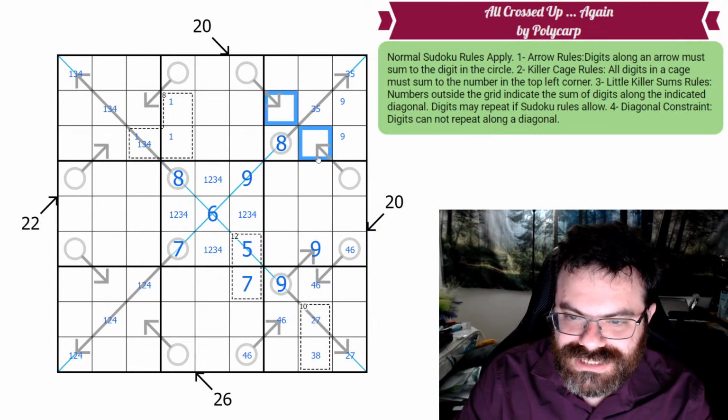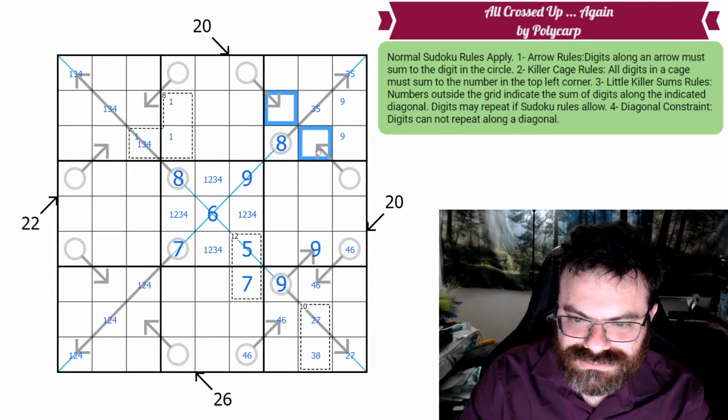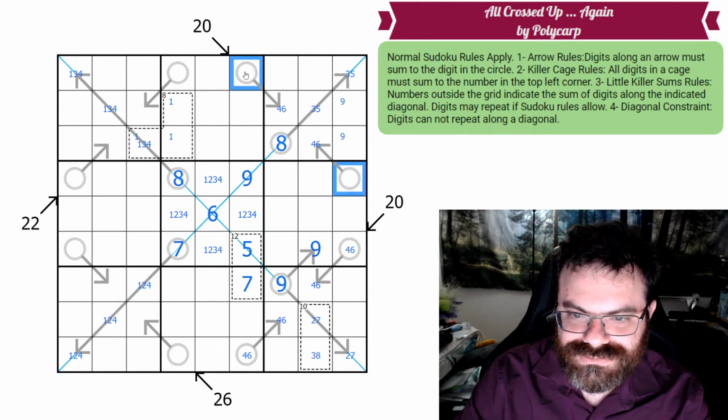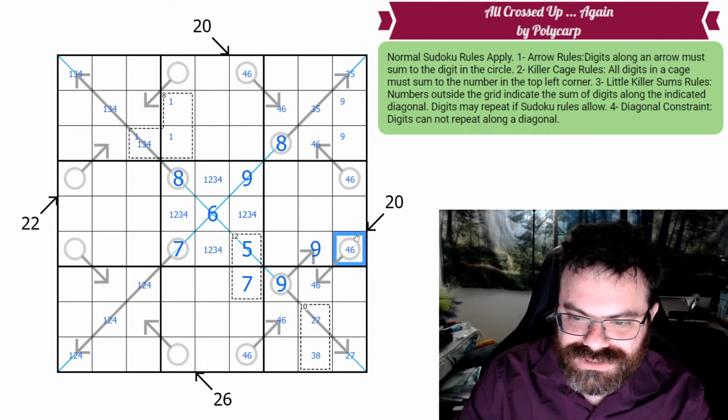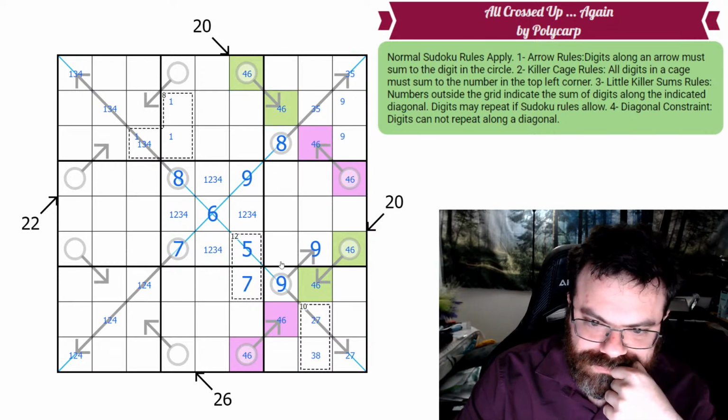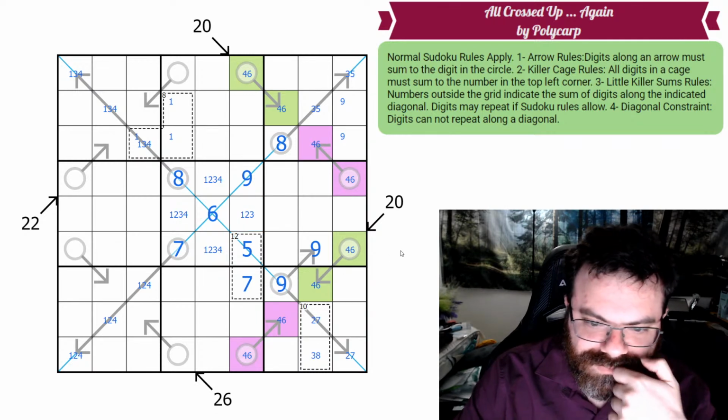Also here, these add to 10. Neither of them can be 9, so we can't do 1, 9. Can't do 2, 8. Can we do 3, 7? No, there's a 3-5 pair. So these are also 4-6. So maybe I should color 4-6s. Use green and purple again. This sees both green, purple 4-6s, so that can't be 4.